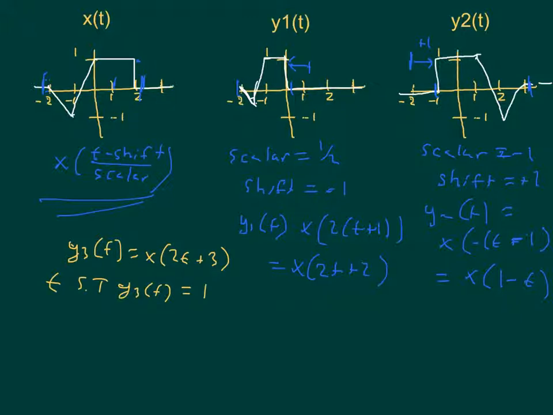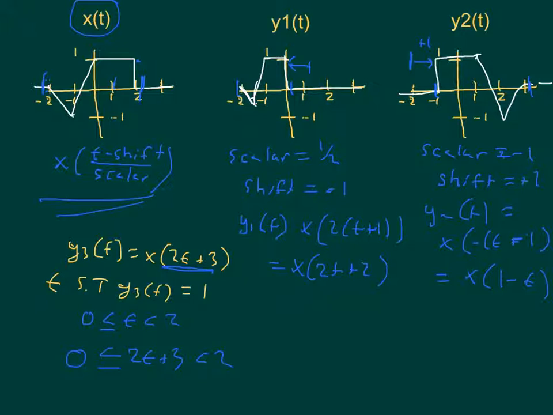If we look at x of t, we can see that it equals 1 between t equals 0 and t equals 2. So 0 is less than or equal to t is less than 2. And now remember, y3 of t is x of 2t plus 3. So we can just substitute that into our equation and get 0 is less than or equal to 2t plus 3 is less than 2.